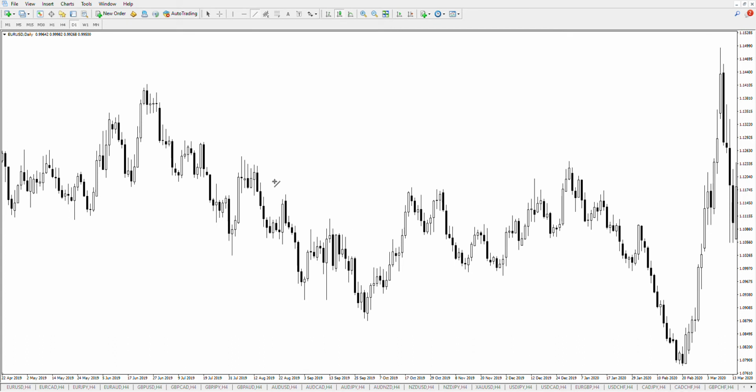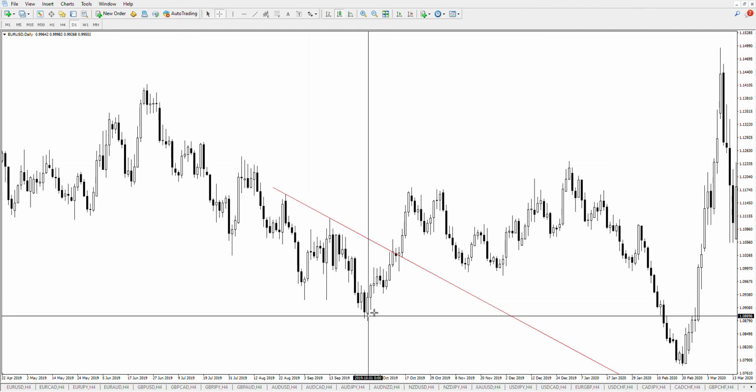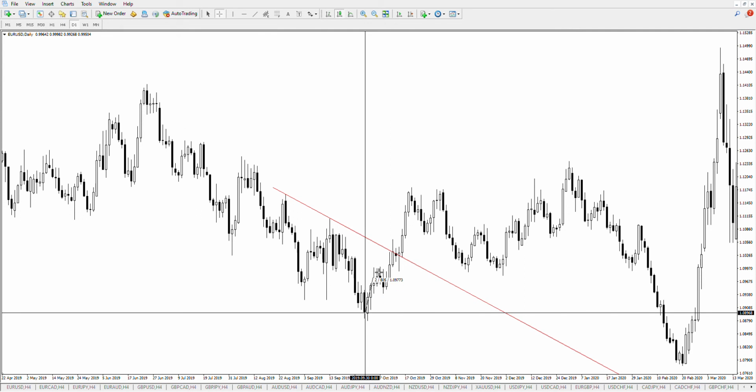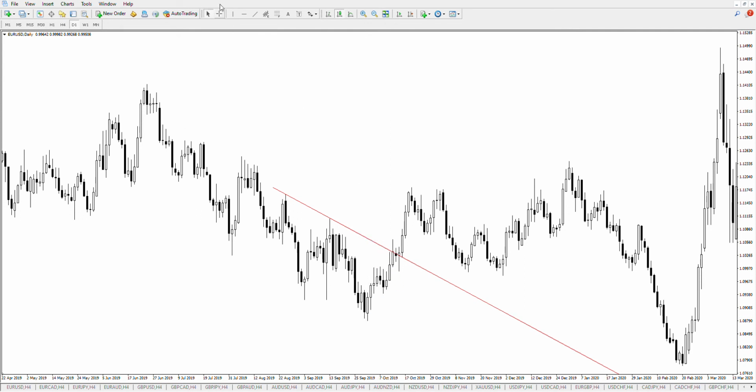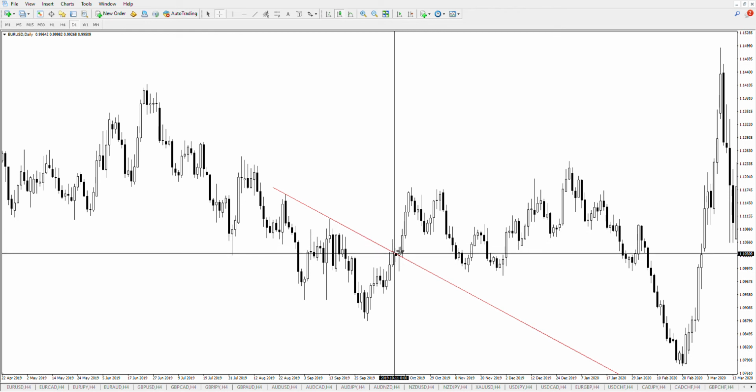Here you can connect two lower highs, then we measure from the lowest close to the trend line, 168 pips. Uh, 148 pips, a little bit.